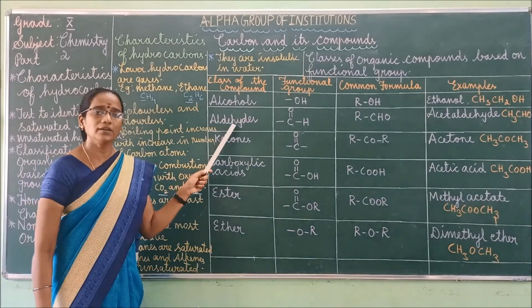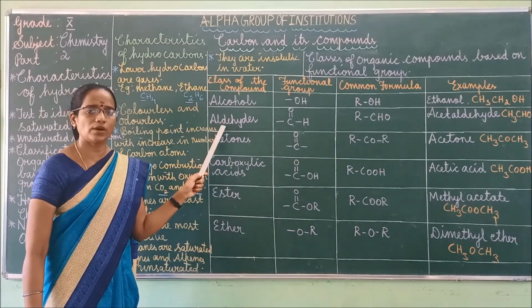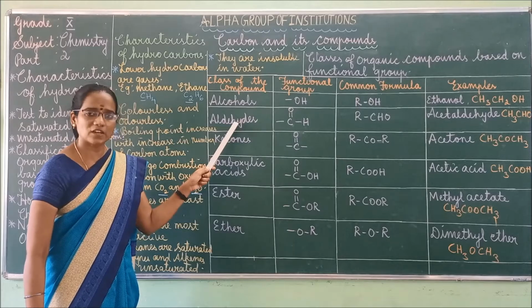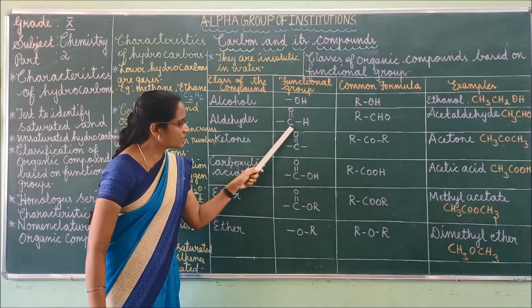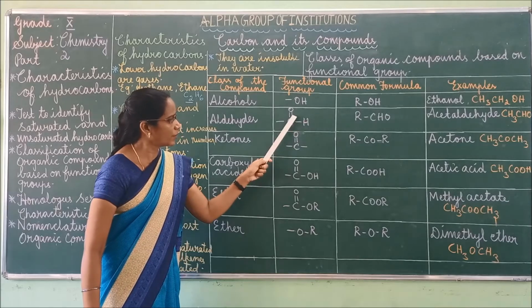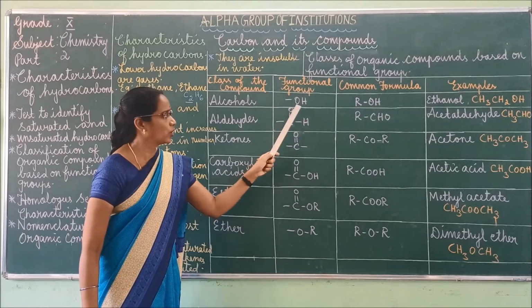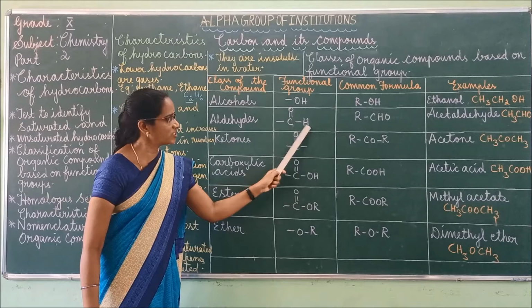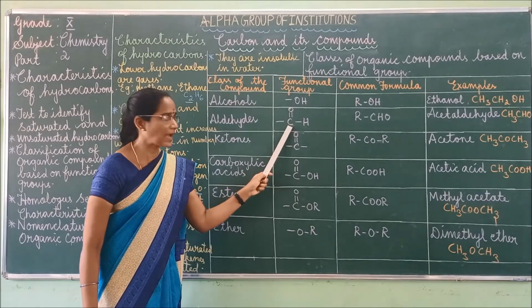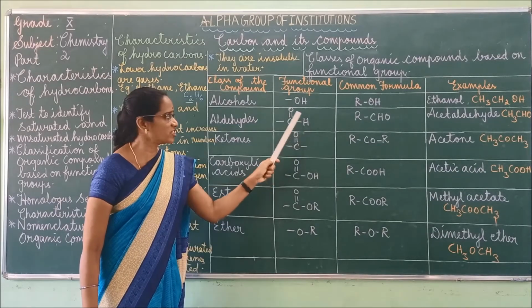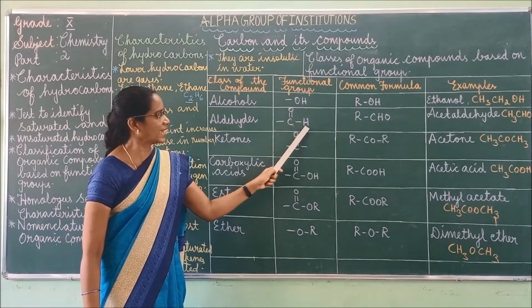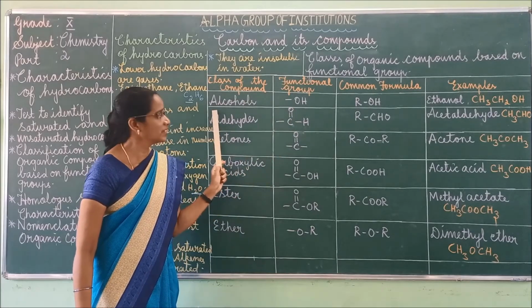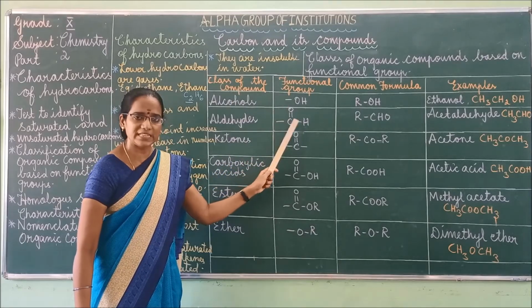Second one, aldehydes. The functional group of aldehyde is CH=O, where this is a double bond. C is the carbon atom, H is the hydrogen atom, and this is the oxygen atom. So its functional group is CHO.